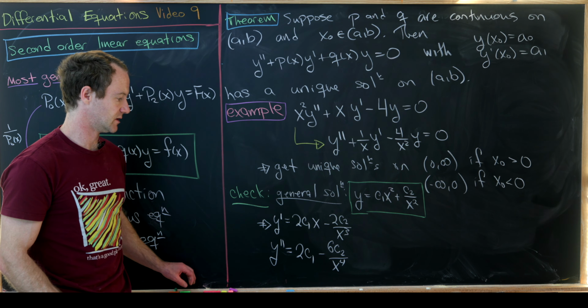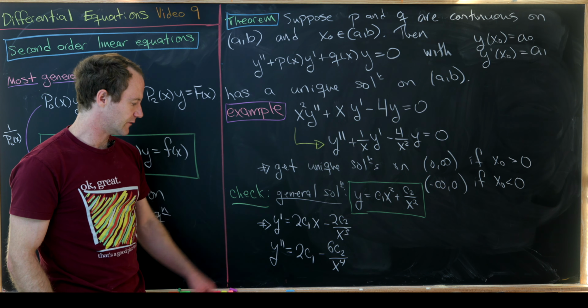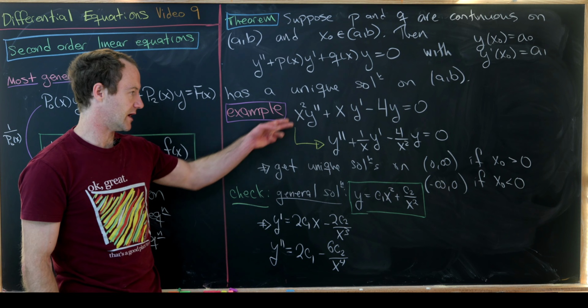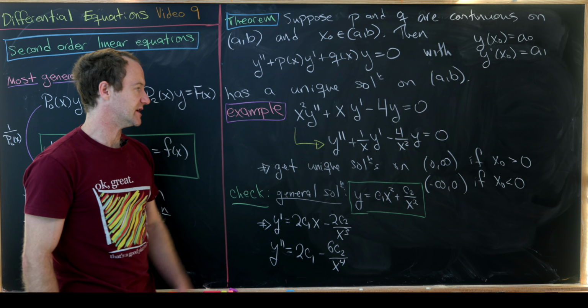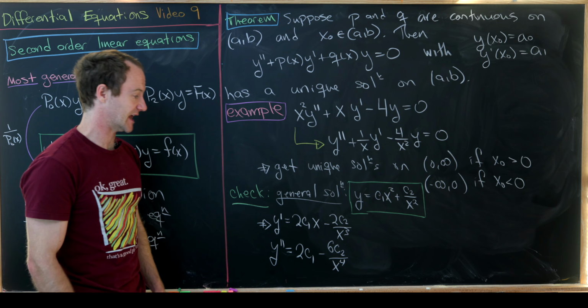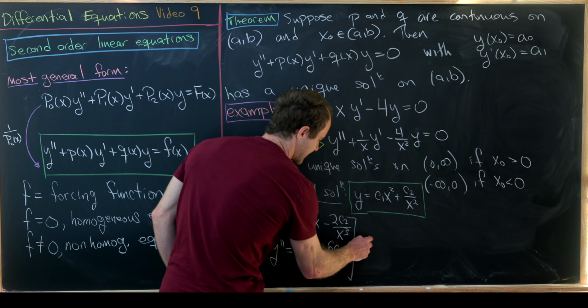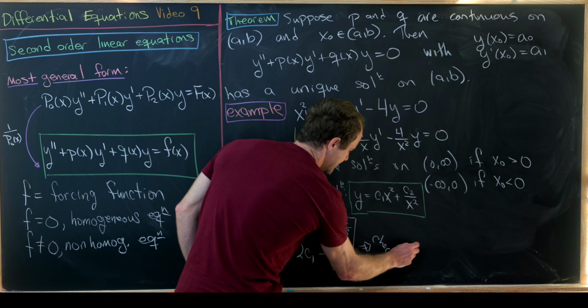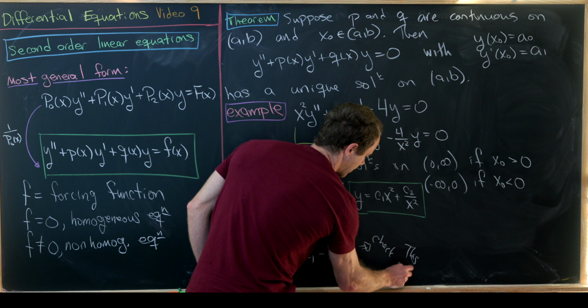Okay, great. But now if we plug this value of y and this value of y double prime into either of these differential equations, we see that this is indeed satisfied. So I'll let you guys check that. So check this, I'll just say works.